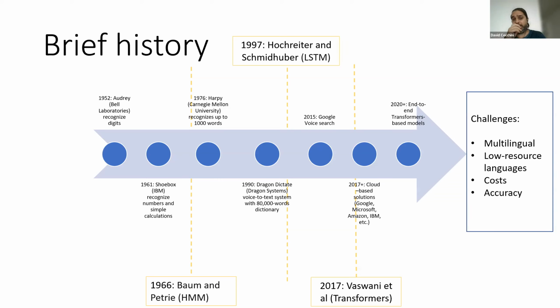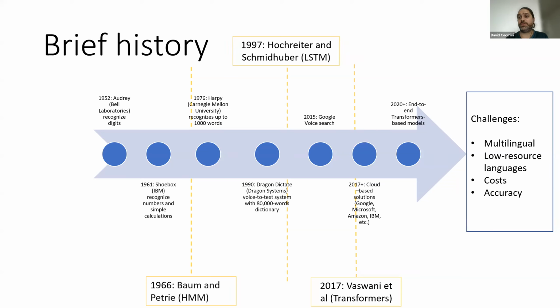Later on, in '76, we have Carnegie Mellon University releasing a system called Harpy, which was already able to identify many more words, not only digits, so up to 1,000 words. And in the '90s, Dragon Dictate. If you are close to my age, you maybe even tested the app to dictate, and it would write what you were saying.